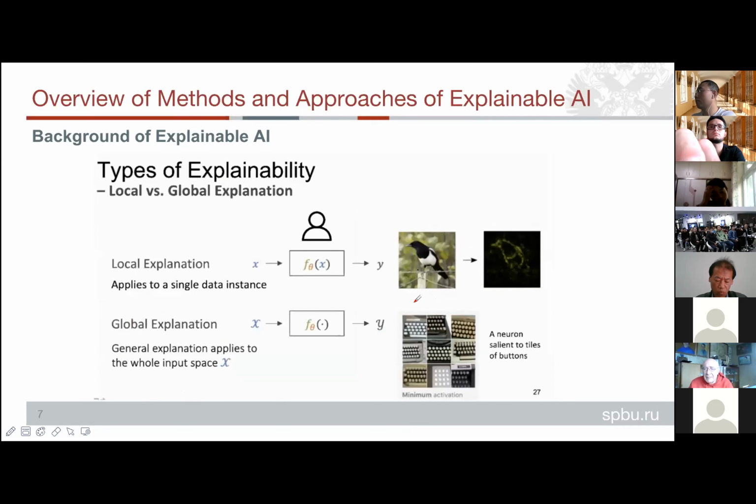According to the scope of the interpretation object, explainability is divided into local and global. Local explanation mainly focuses on the explanation of individual instances. On the contrary, the global tries to understand the model as a whole. Generally it takes a group of instances to generate one or more explanation maps.